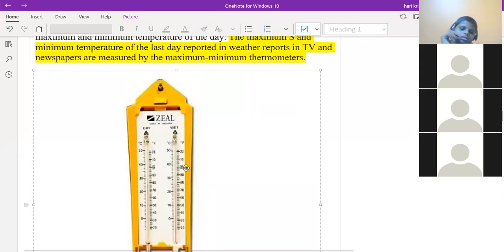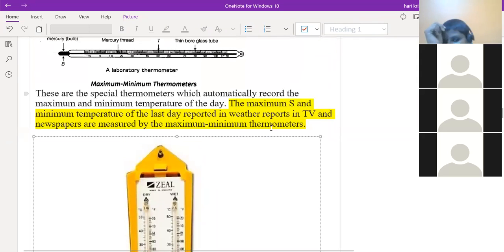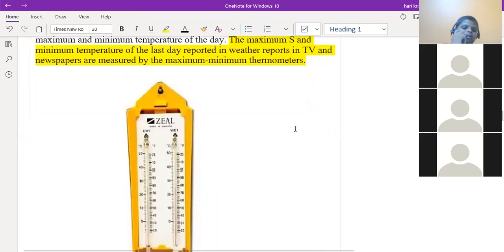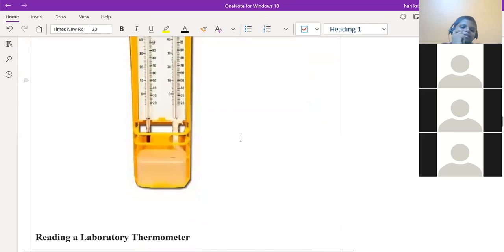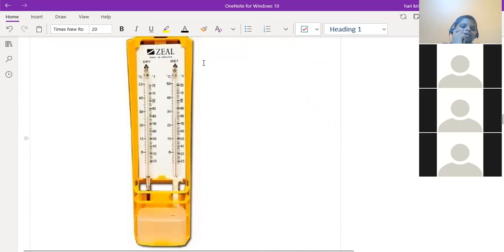With the help of these two readings, they will decide the maximum and the minimum temperature of the day. Sir, how? Sir, the dry one measures the heat of the air, and the wet one measures the heat of the water, the temperature. All will be there to calculate the maximum and minimum temperatures.